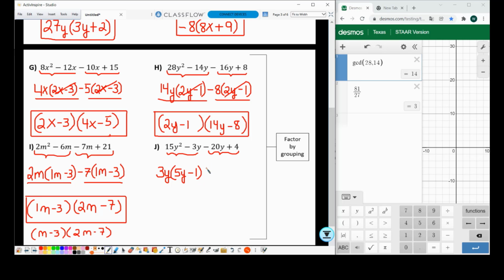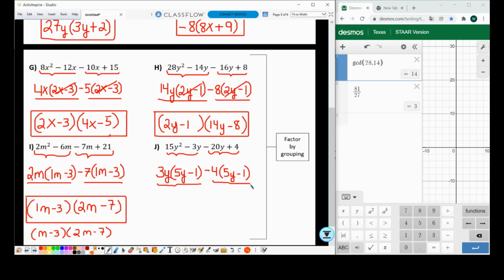Whatever sign you see over here, put it right here. So in this case, I see a negative, so I put a negative. And what is the biggest number that goes into 20 and 4? It is 4. And then 20y divided by negative 4 is 5y. And 4 divided by negative 4 is negative 1. You were expecting to see the same expression inside the parentheses, and that's exactly what I see. And I know then that I'm on the right track.